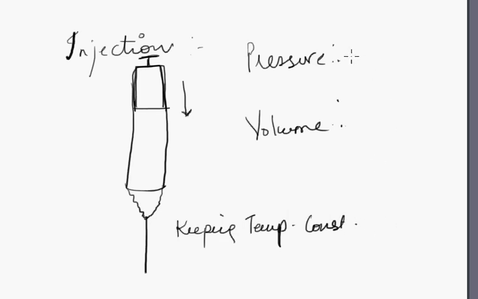Now let's increase the pressure. How will we increase the pressure? By pushing the piston downwards. What happens is the volume of the gas decreases, right? It decreases, or it will come out from here, the needle.